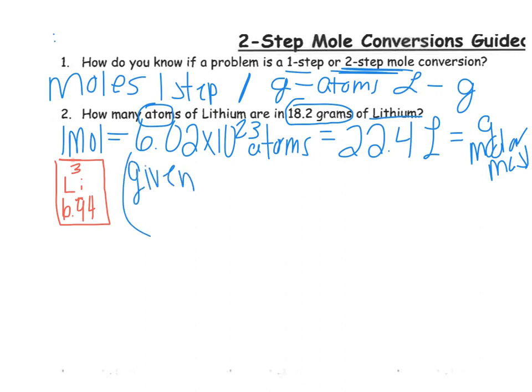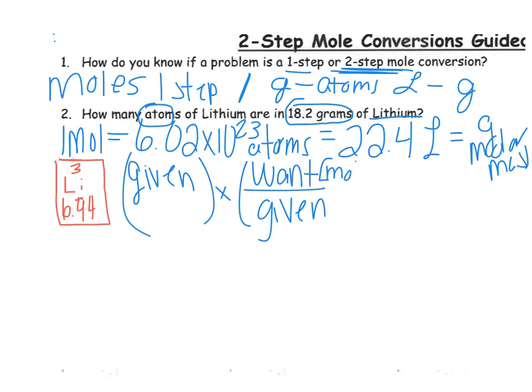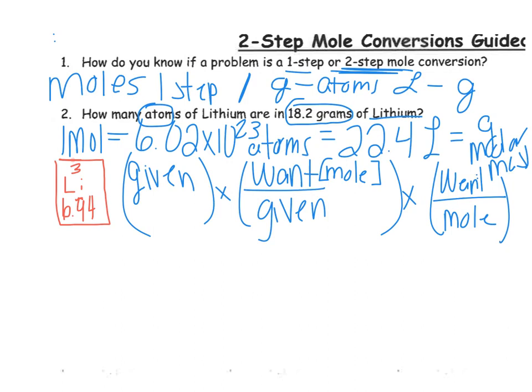What I'm given multiplied by my given units on the bottom and what I want on the top. And most of the time, I want to go to Mo Island first. And then over here, I will have my mole placeholder, and then what you really, really want goes right there.